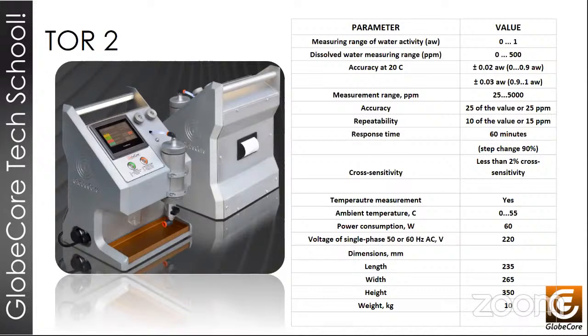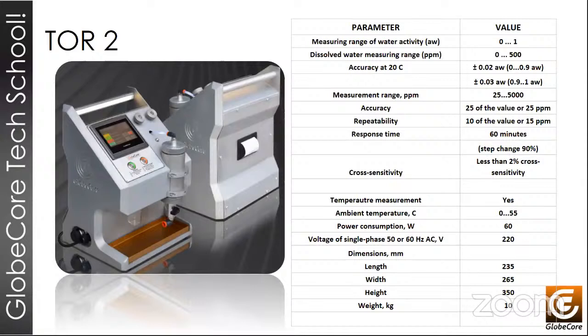Some of the important features of the TOR2 unit are these. It measures water in ppm from 0 to 500 parts per million, measures temperature from 0 to 55 degrees Celsius, and measures the amount of hydrogen in oil from 25 to 5,000 parts per million.